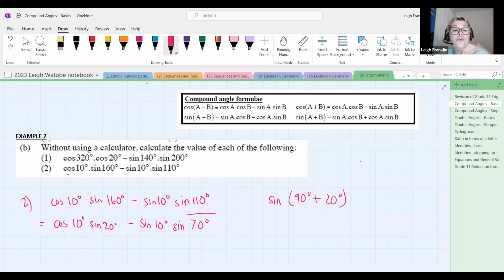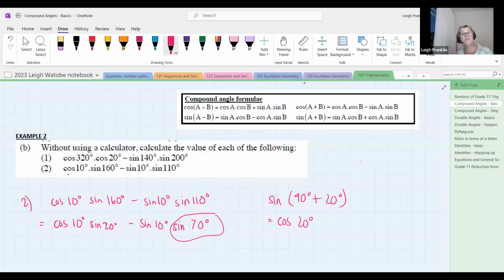So then how would you have written this term over here? Sine 90 plus 20 is not sine 20. Sine 90 plus 20 is? Good, it would give us cos 20.